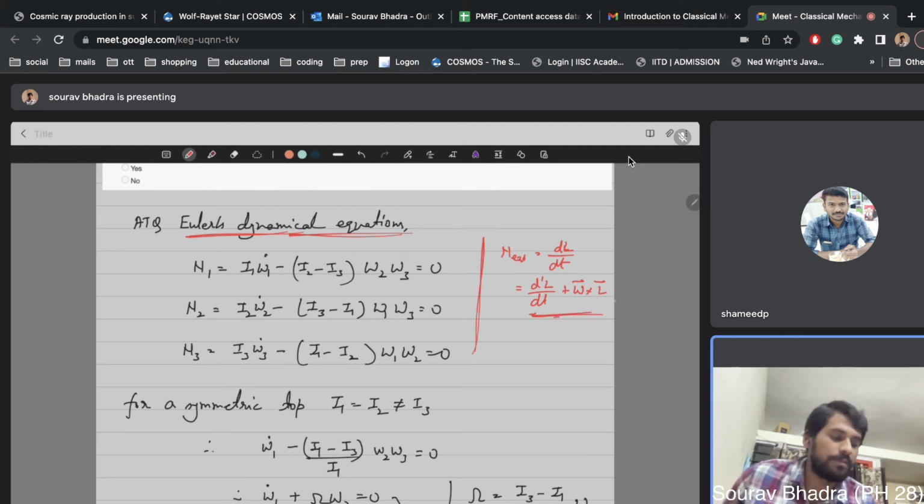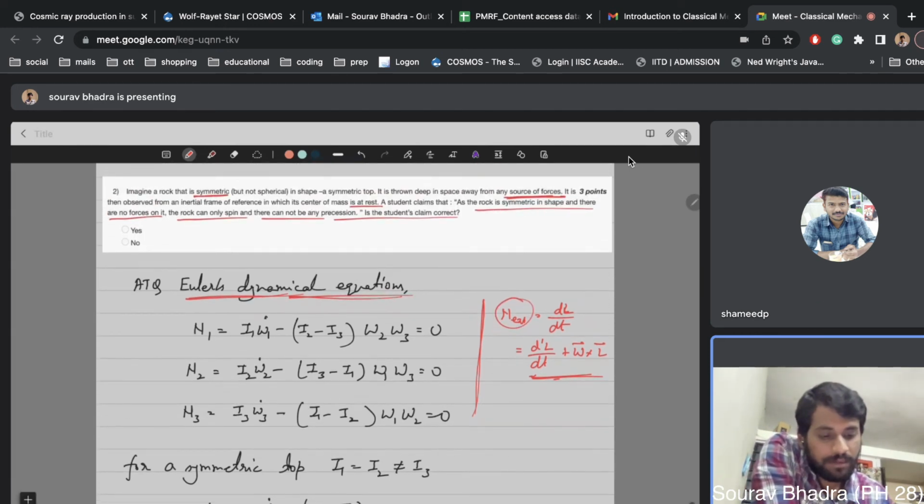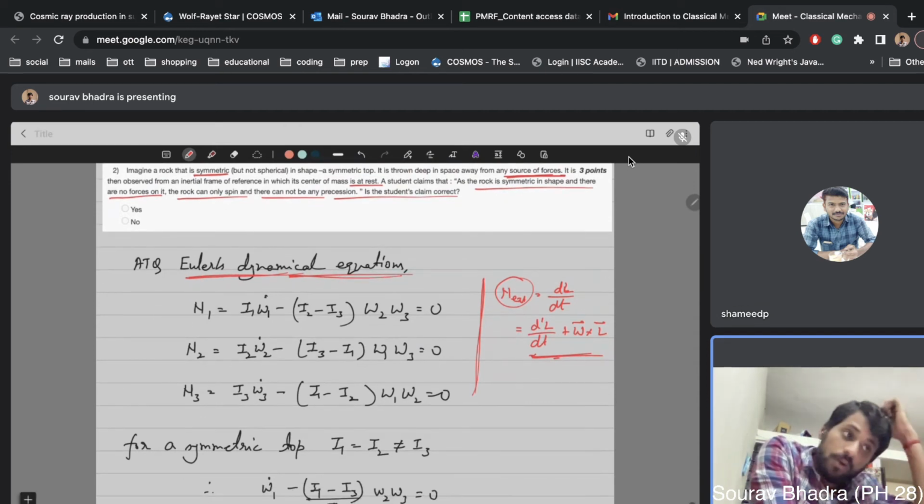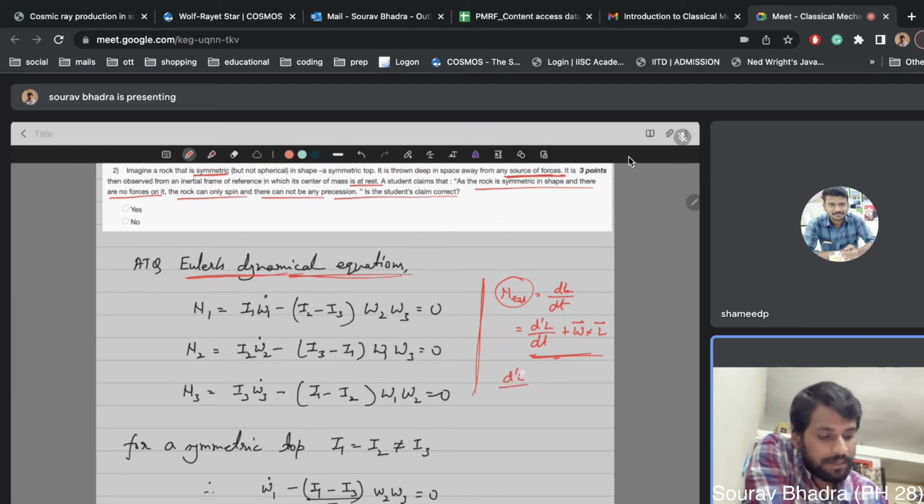This transformation has also been done in the last video of the course. N external is the external torque. Now it is explicitly given in the question that there is no external source of force. That means external torque is also 0. So your d'L/dt part is equal to 0 actually.